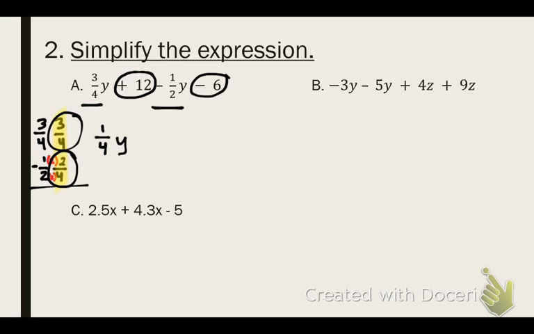Am I done? No. If you notice, I still have plus 12 minus 6. What is plus 12 minus 6? 6, okay? Because you can see those are different signs. We subtract them and take the sign of the larger number. So is my 6 positive or negative? Positive. Here's what a lot of people did yesterday on their homework. They just left it looking like this.